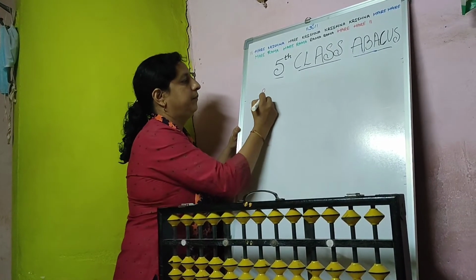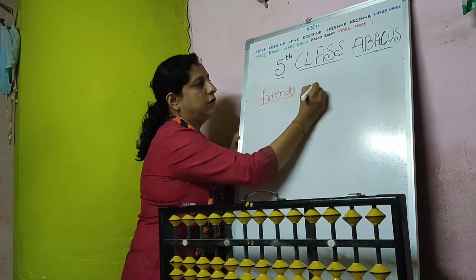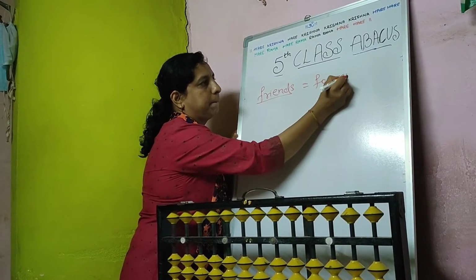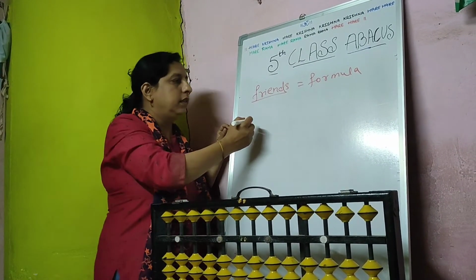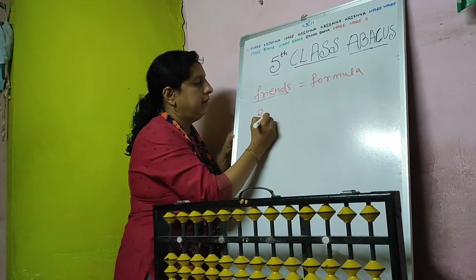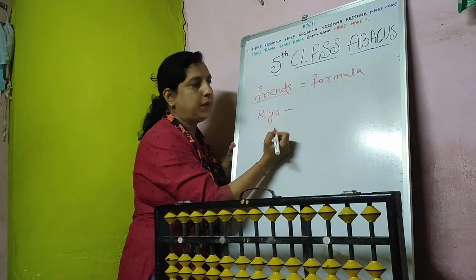See here. Friends. Friends means what? This is equal to formula. So how to do that I'll show you. See here. Now Riya, one girl is there. She has one friend, Arya.